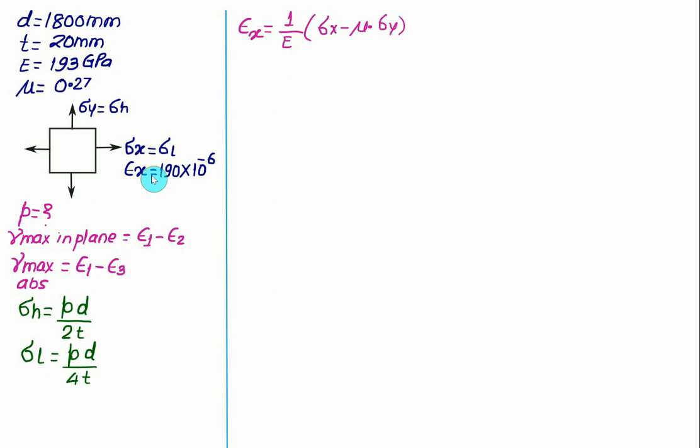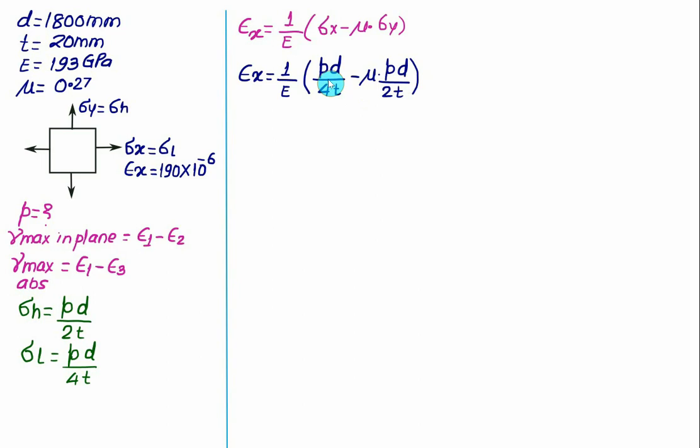Sigma x is equal to sigma L, which is PD by 4T. So epsilon x equals 1 upon Young's modulus times, sigma L is PD divided by 4T, minus mu times sigma y, the hoop stress, which is equal to PD divided by 2T.